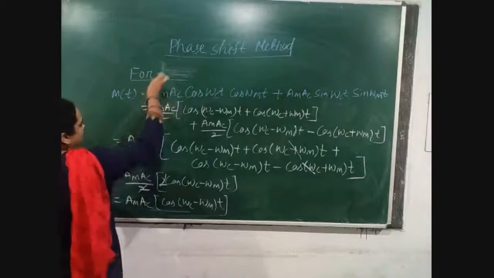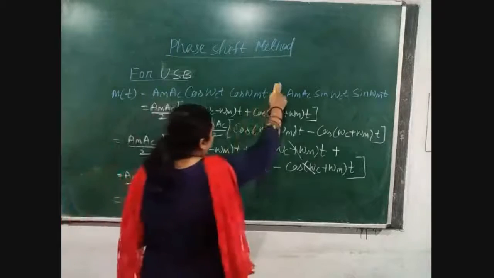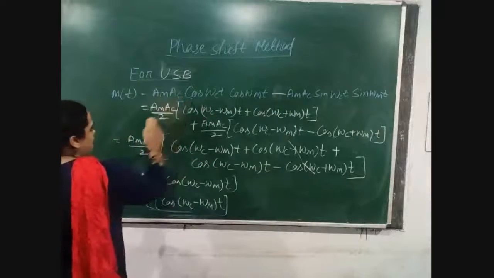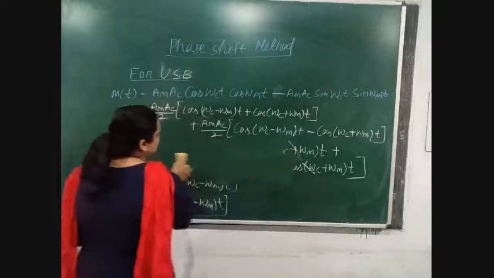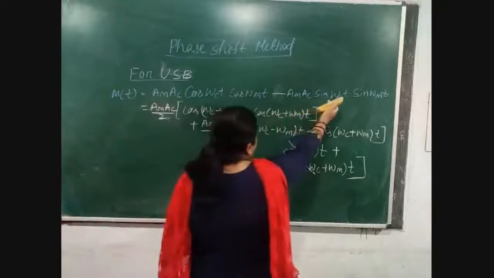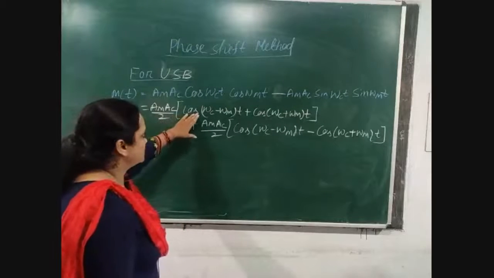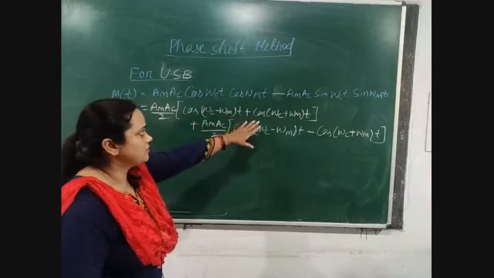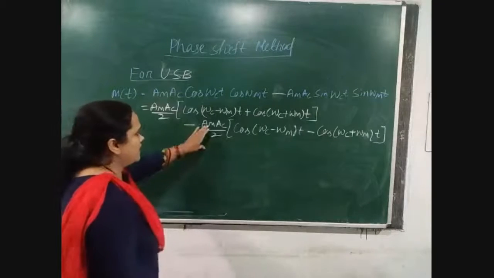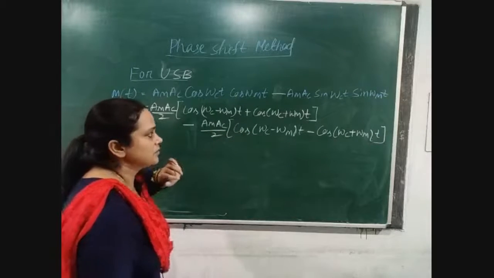Next, for the USB, we subtract these two signals and apply the same formulas for cos A cos B and sin A sin B. Then Am Ac/2 [cos(ωc − ωm)t + cos(ωc + ωm)t] minus Am Ac/2 [cos(ωc − ωm)t − cos(ωc + ωm)t].